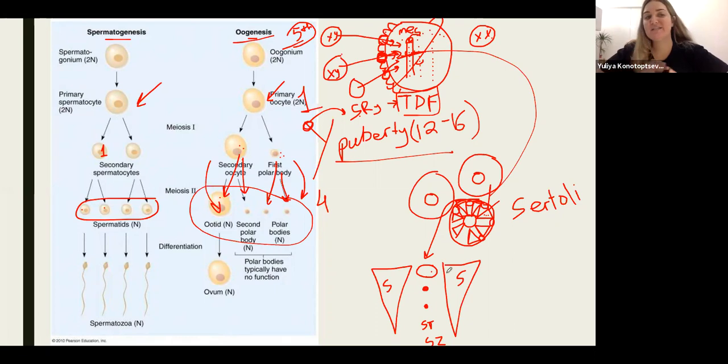There is a third cell. We said that there is the Sertoli cell, and we said that there is spermatogonia. But between the seminiferous tubules, there is a third type of cell. This third type of cell, sitting between the seminiferous tubules, is known as the Leydig cell.